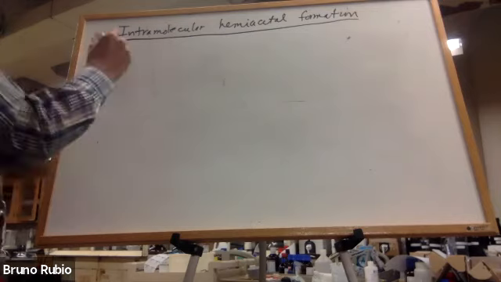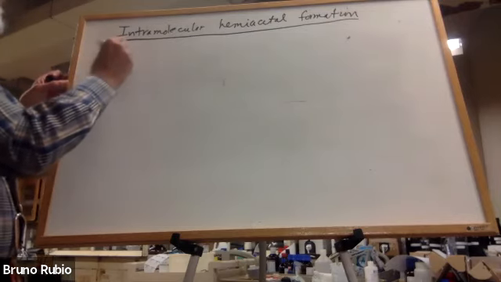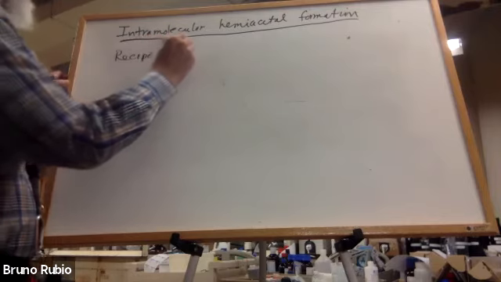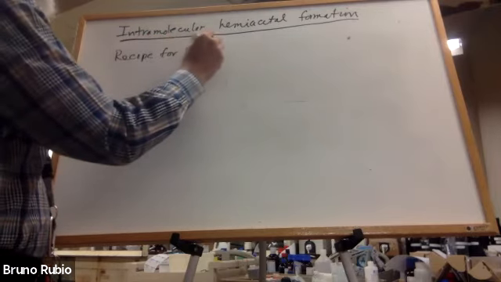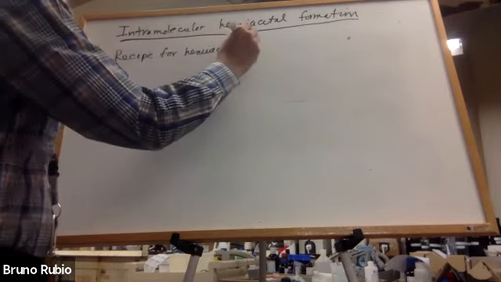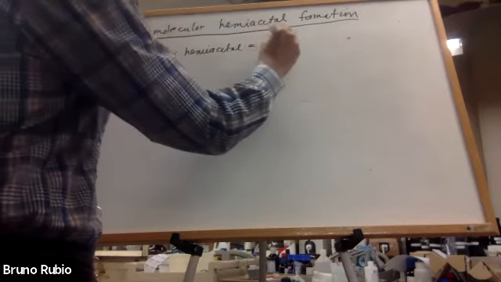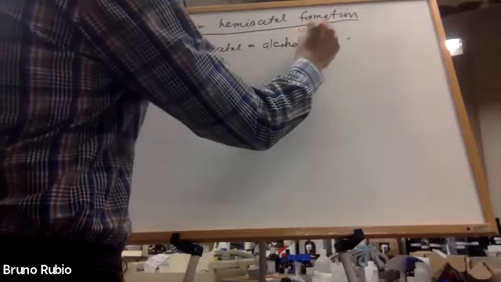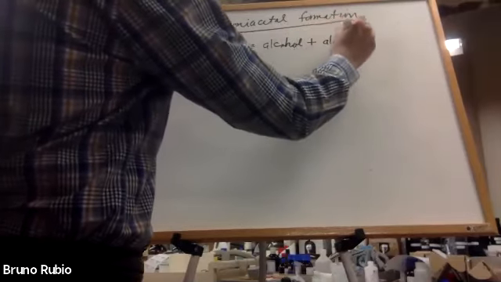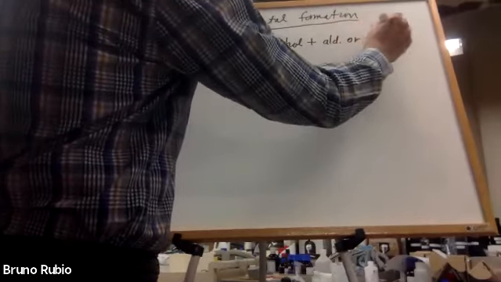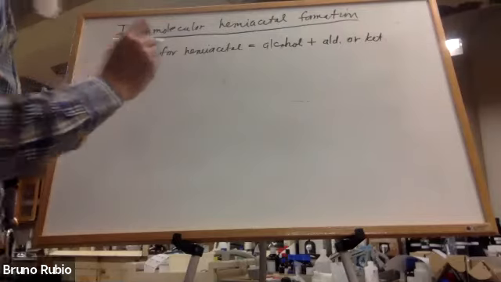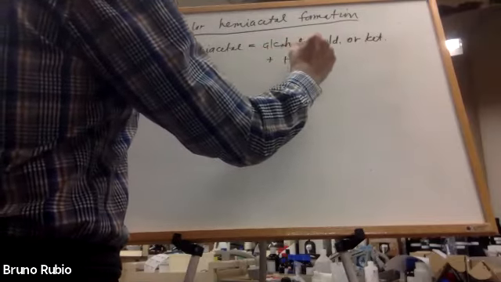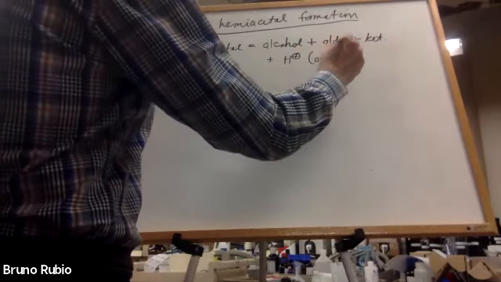The recipe, the starting materials, the recipe for the hemiacetal is an alcohol plus an aldehyde or a ketone, right? Just abbreviating everything, plus acid or base.